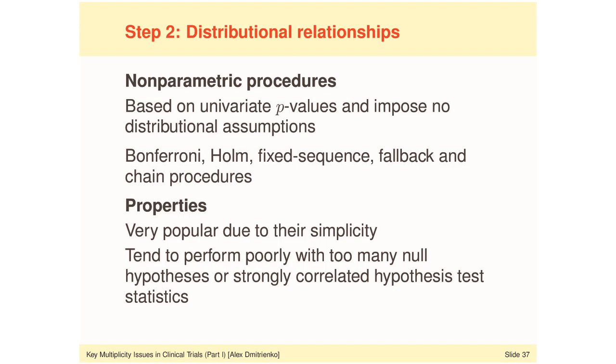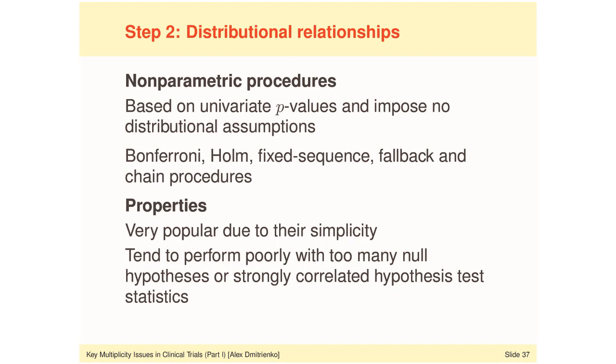They enjoy much popularity in clinical trials because they're intuitive, they're easy to apply, and they're easy to explain to non-statisticians. But, of course, the question to ask for us now is, what are the downsides? Nonparametric procedures tend to perform poorly with a large number of null hypotheses or strongly correlated test statistics because they do not connect the dots, so to speak.